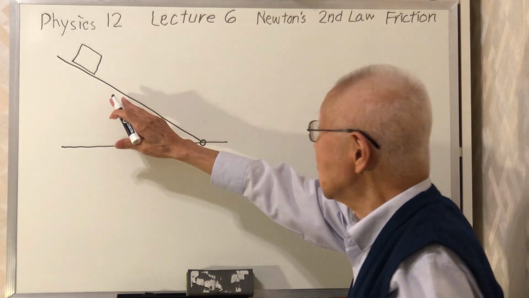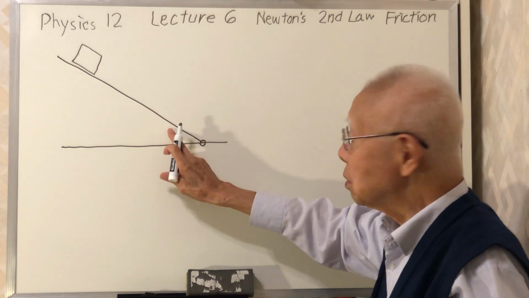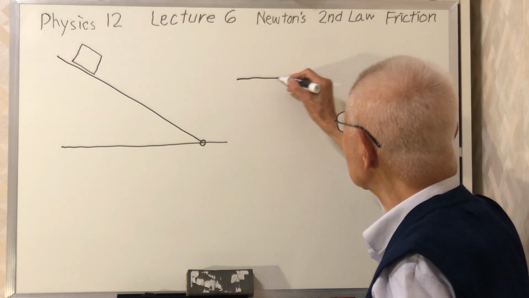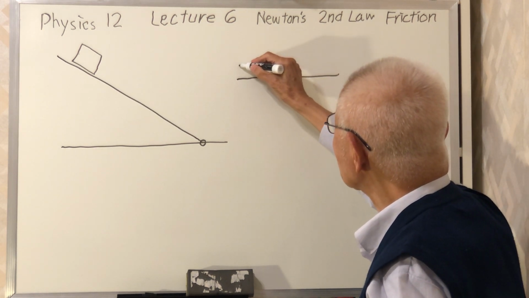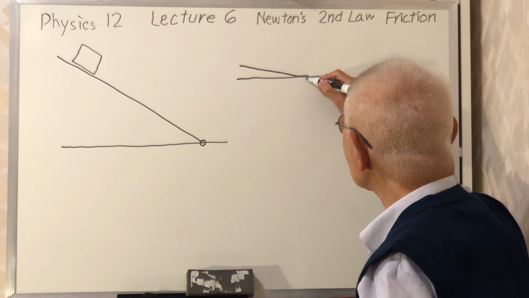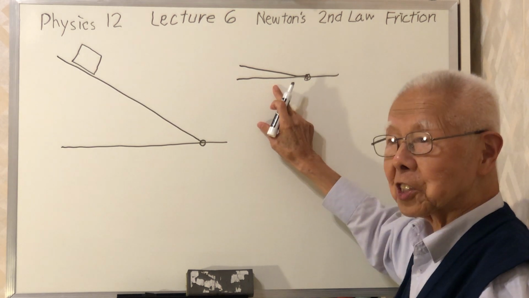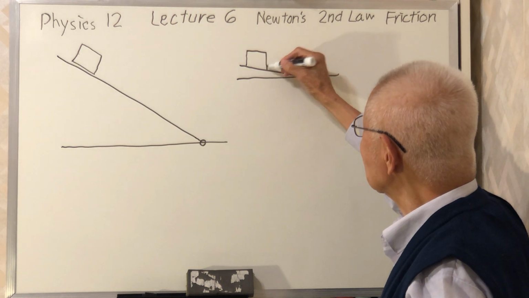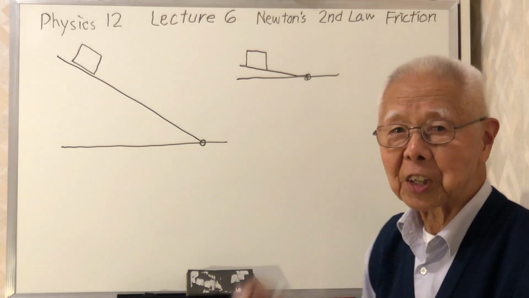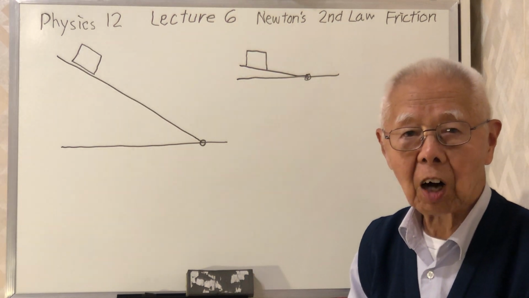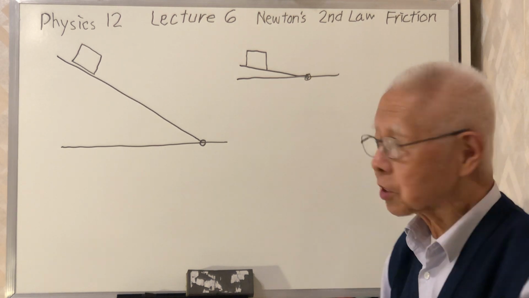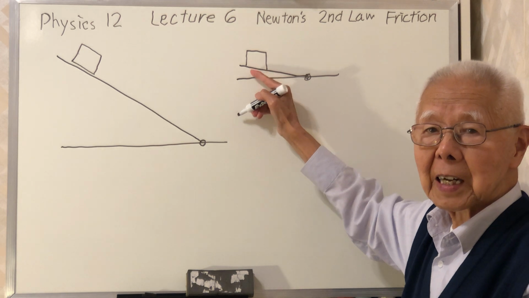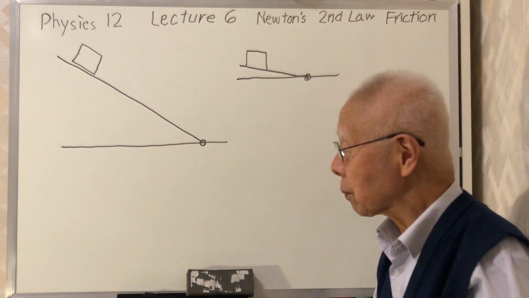If the angle is small, like this, the box will stay there without motion because there is friction between the box and the inclined plane.